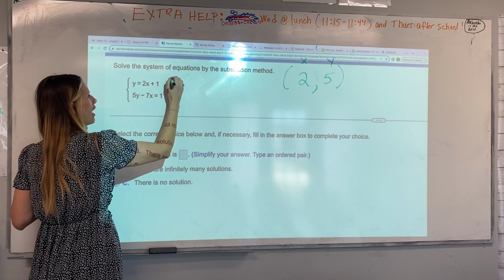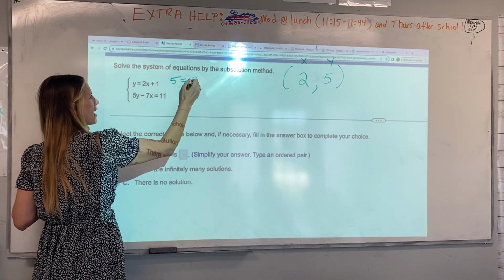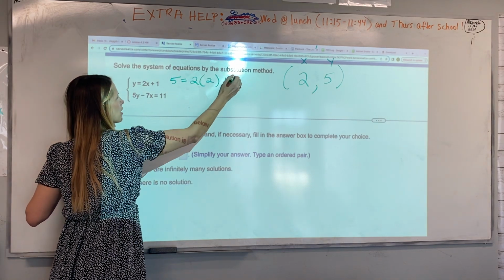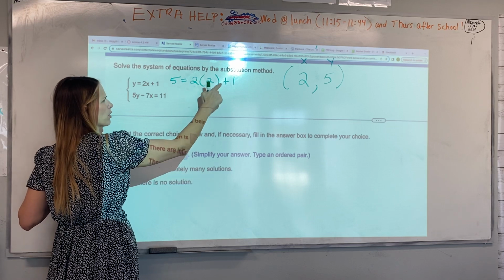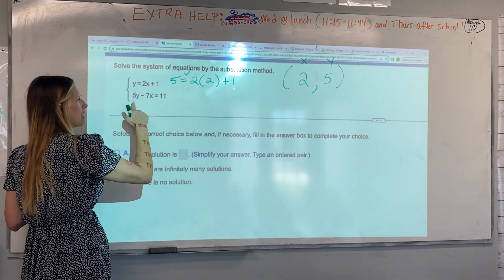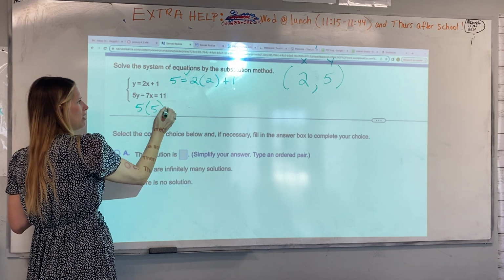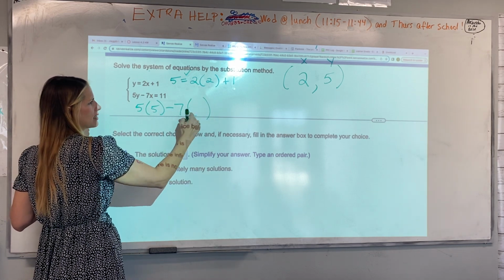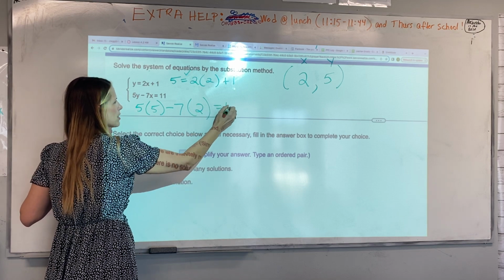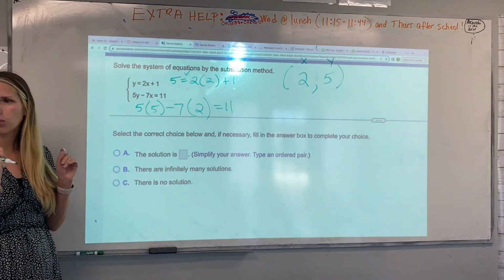So y would be 5, 2 times x would be 2 times 2, plus 1. We're just going to double check: 2 times 2 is 4, plus 1 is 5, we're good. This one's a little more tricky: 5 times y would be 5 times 5, minus 7 times x would be minus 7 times 2, equals 11. Make sure you use your order of operations.